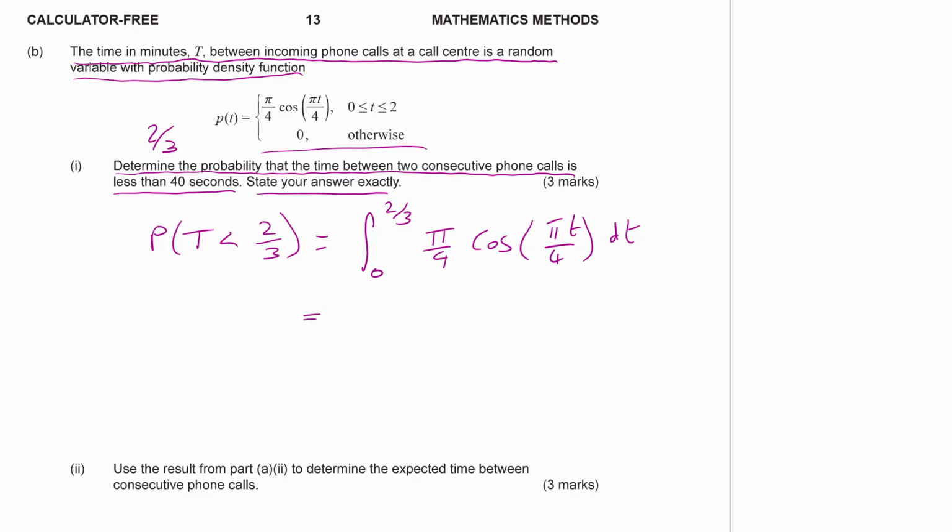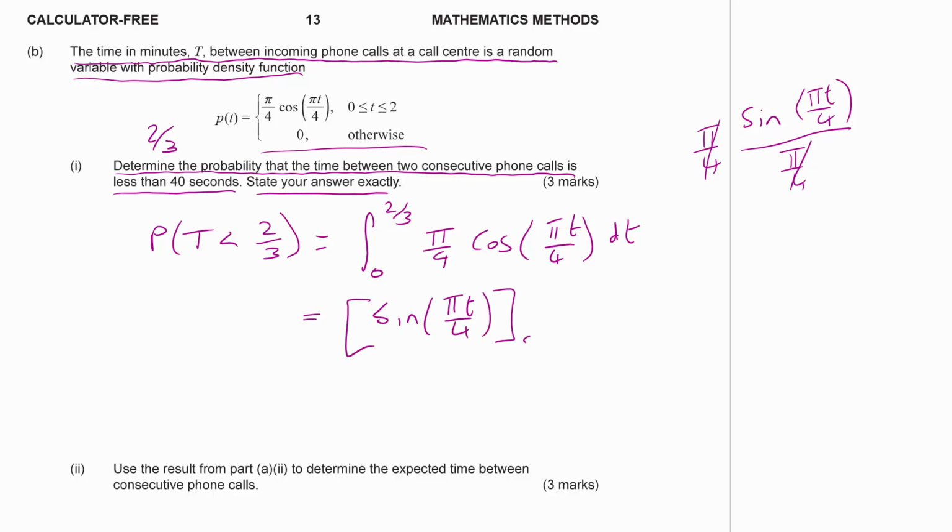That's going to be equal to, remember, cos is going to integrate to sine, and so we'll get sine pi t on 4 divided by the differential of the inside function, which would cancel with the pi by 4 in front. So we're just going to get sine pi t by 4 evaluated from 0 to 2/3.